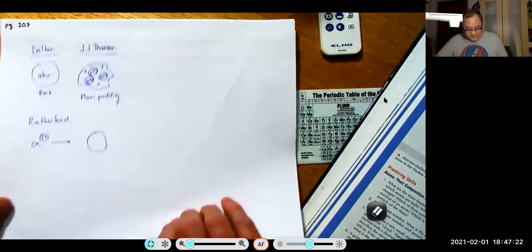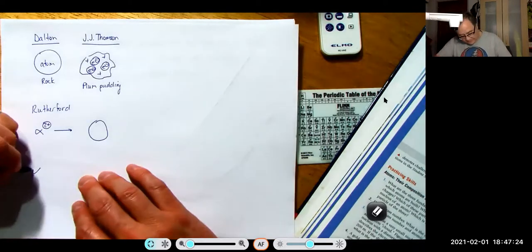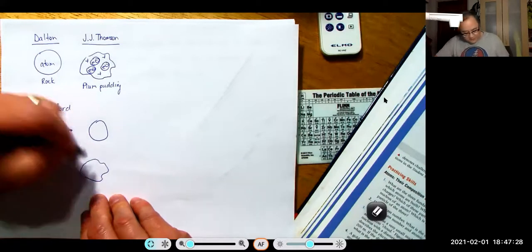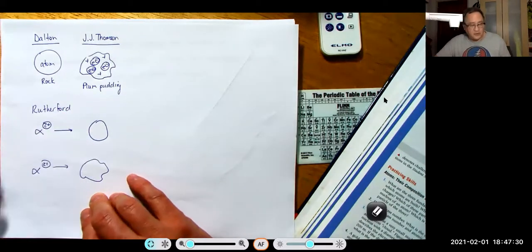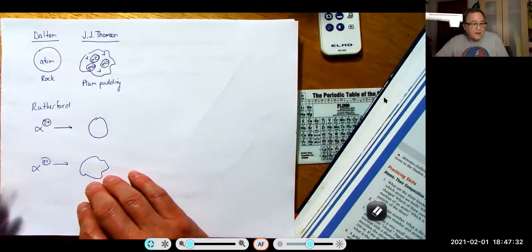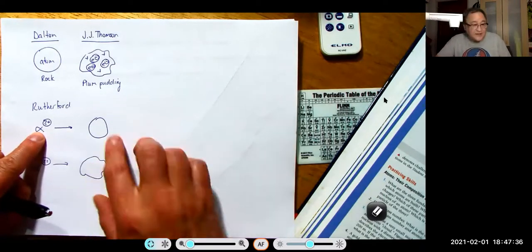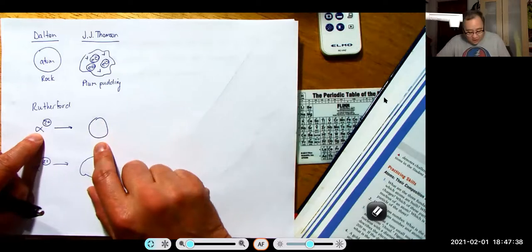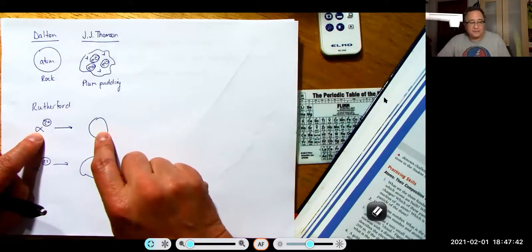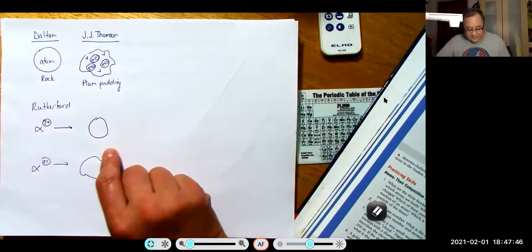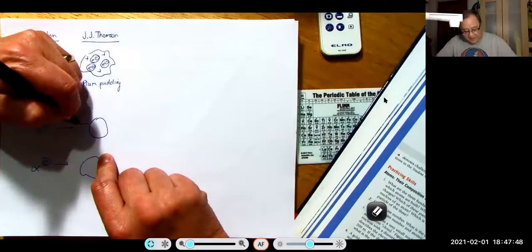Here's the plum pudding model. If you have this type of atom, and this particle is not as massive as an atom, it's far less massive. This is hard like a rock. What's going to happen to this particle when it hits the rock? And the answer is it's going to bounce right back.